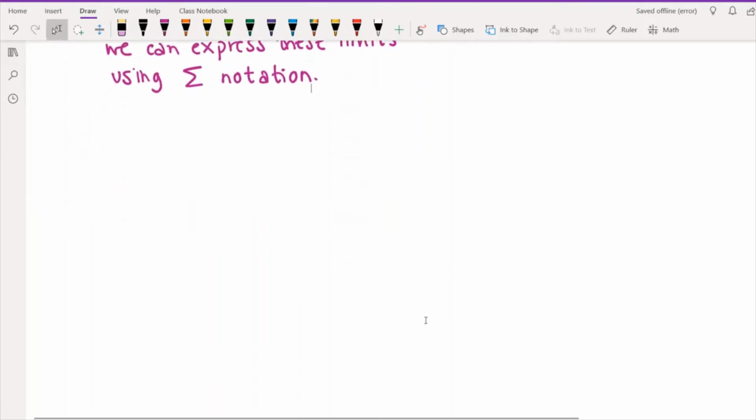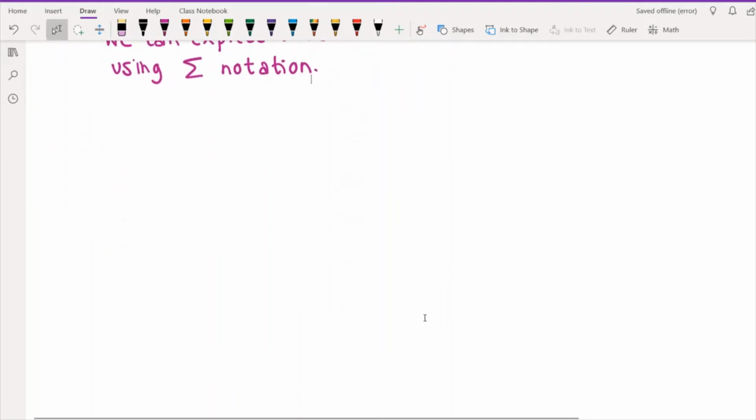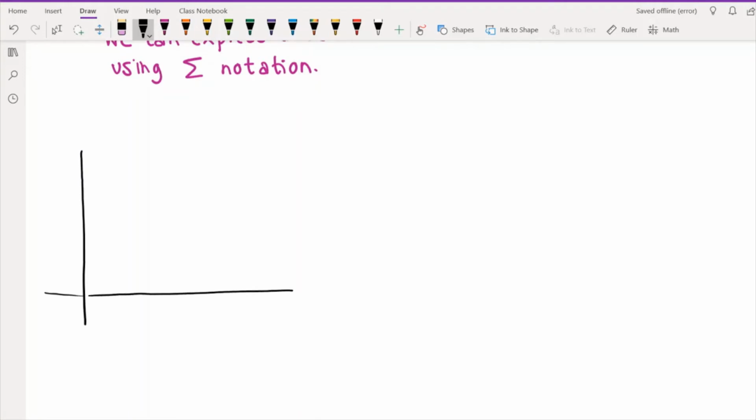Okay, so I'm just going to draw a sample graph. Let's say we have some function, and I'm just going to make it lie above the x-axis, but it doesn't really matter whether it does or not. So let's say we have some function that looks like this. So this is f of x. And let's say we're trying to take the integral from, let's just count a as being at 0, and then let's say b is over here.